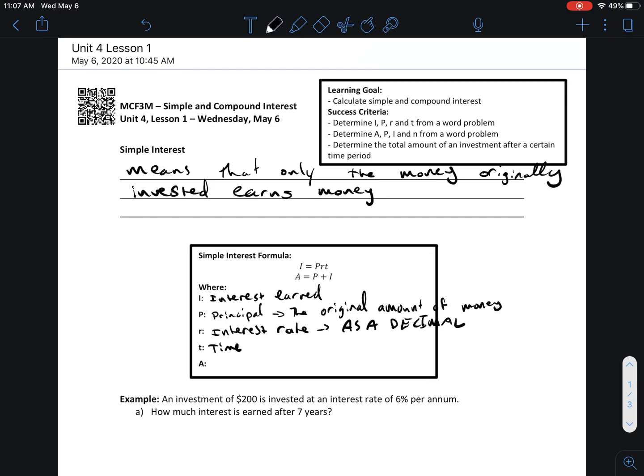We still have to do the exact same thing here. T is going to be time. It could be in anything really, but typically simple interest is over a number of years. And A is going to be the total amount of money that you have after all the interest has been applied. So A is the amount.